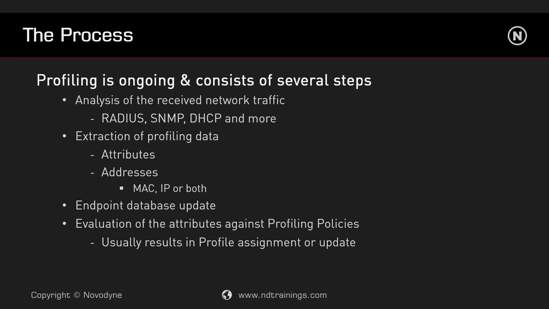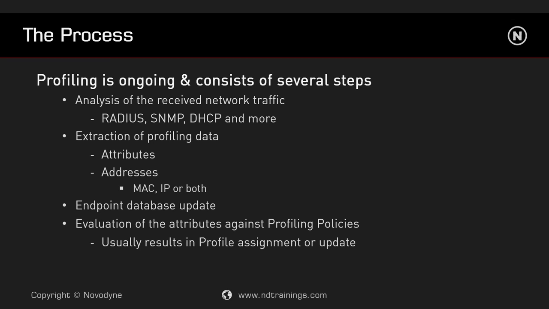So we might be able to either assign a new profile to the new endpoint that was detected for the first time, or we will simply update the device's profile. In few cases, our Identity Services Engine will not be able to find a match, in which case the device is going to be assigned to an unknown profile.